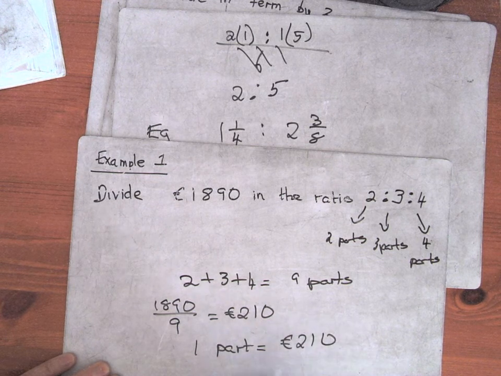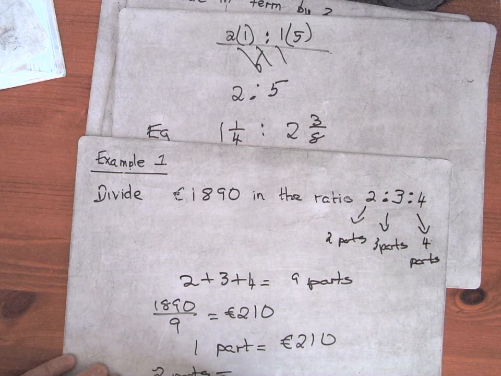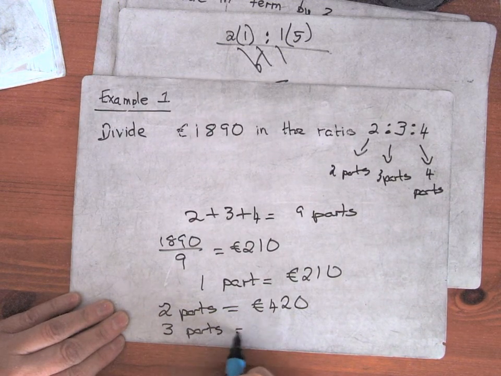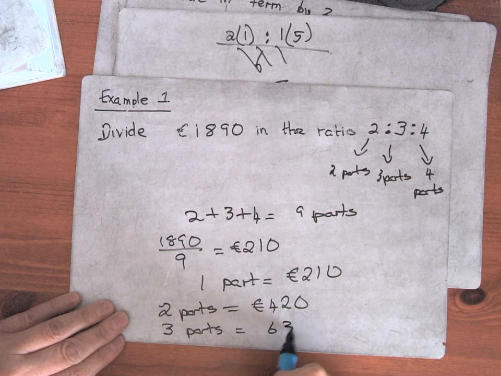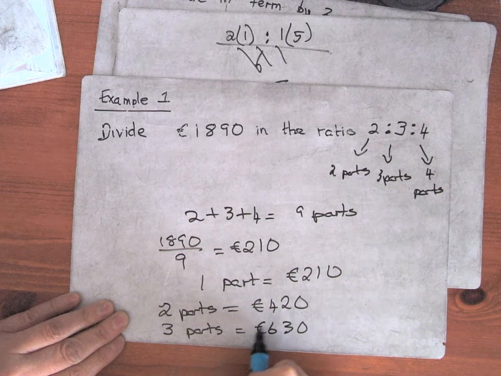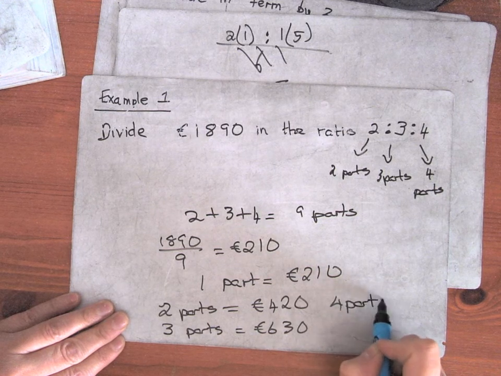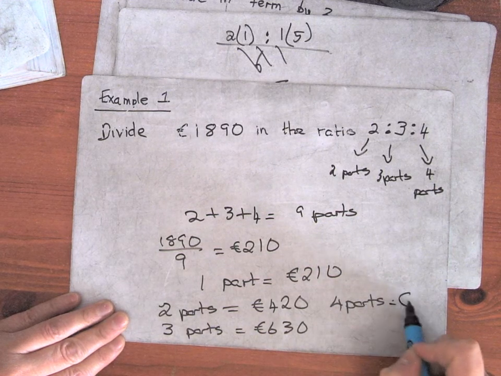And 2 parts is equal to, multiply that by 2, 420 euros. 3 parts, multiply 210 by 3 and you get 630 euros. And 4 parts, multiply 210 by 4 and you get 840 euros.